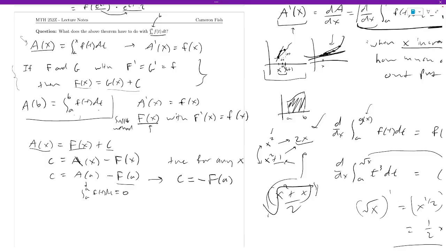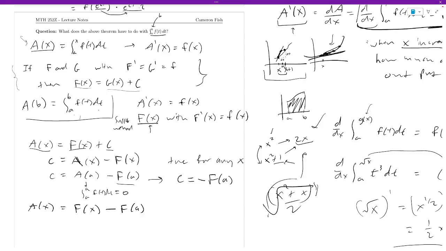So if I hand you this big F, which is some other antiderivative of little f, then A is actually related to it, and specifically, A of x has to be that big F of x that you gave me minus F of a. So it's very specifically, you give me an antiderivative big F, I could tell you how it's related to big A by plugging little a into this big F. I get some number.